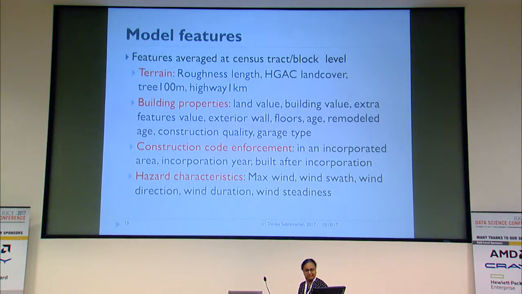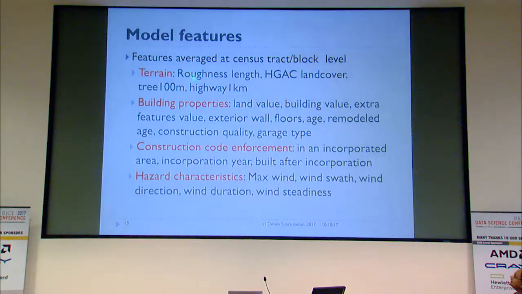After a lot of work, and by consulting with our friends, both from political science as well as from civil engineering, we came up with the following features to explain model performance. Terrain features, what is the land cover? Is there a tree within 100 meters? Is the home near a highway?